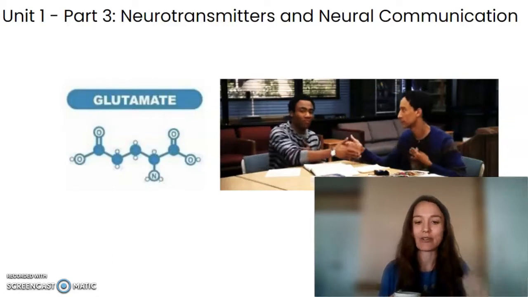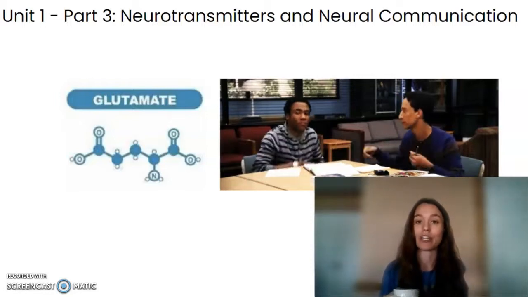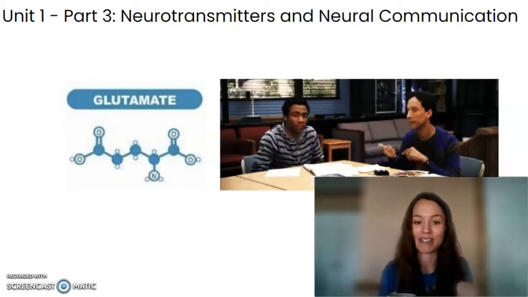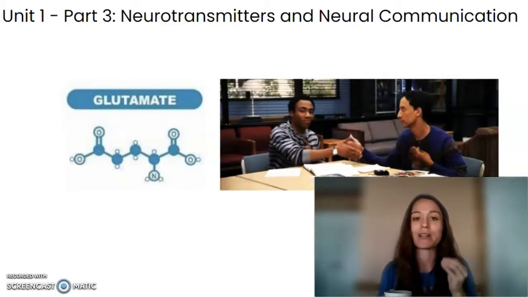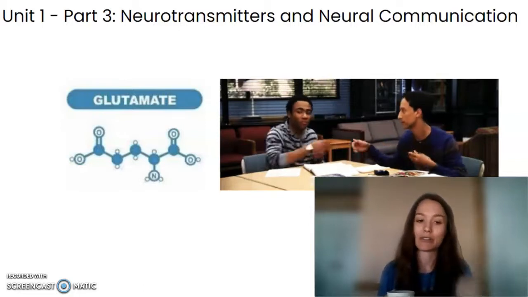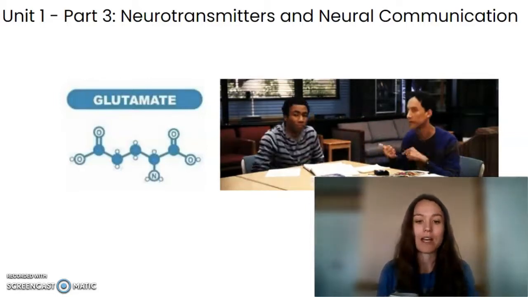This is the neurotransmitter that is sending messages when you are forming memories, making new connections, and learning. So I think of this as your best study buddy, your glutamate. When you're learning and remembering, glutamate is in that process in the synapses, and it is responsible for memory and learning.